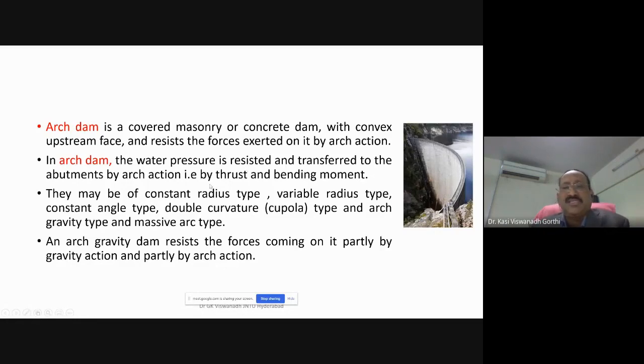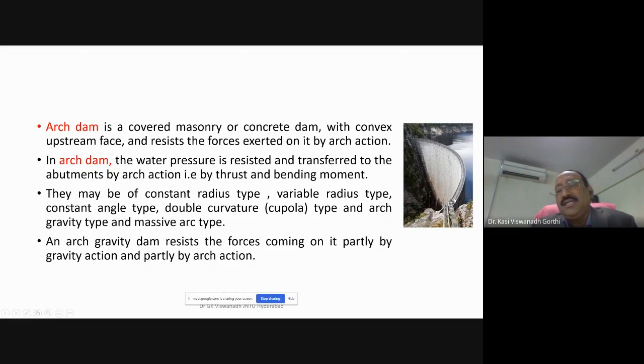So it could be a thrust or a bending moment. They may be of constant radius type. Sometimes the radius may be varying. It is called variable radius type, constant angle, or it can have a double curvature type, and arch gravity types may also be there. An arch gravity dam resists the forces coming on it partly by gravity and partly by arch action.